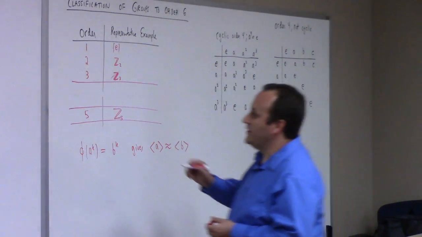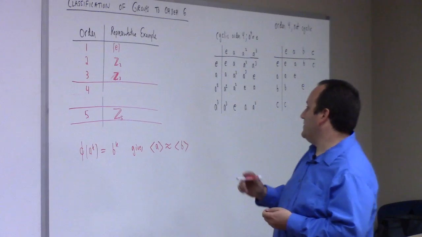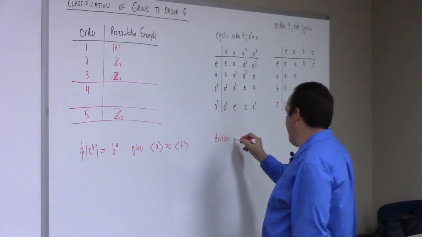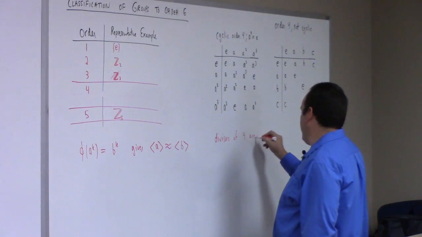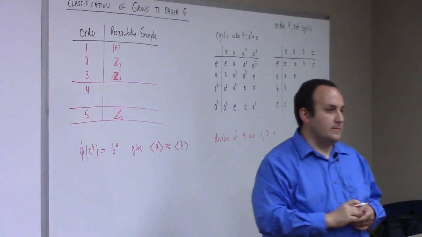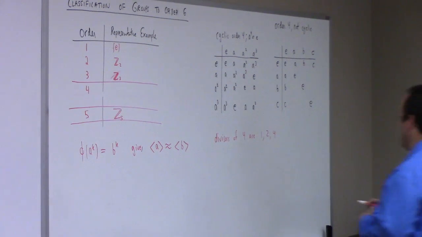Let's talk about 4. 4 is not prime, of course, but what are the divisors of 4? 1, 2, and 4, yeah. So that means that the possible orders of elements of a group of order 4 are 1, 2, and 4, right?